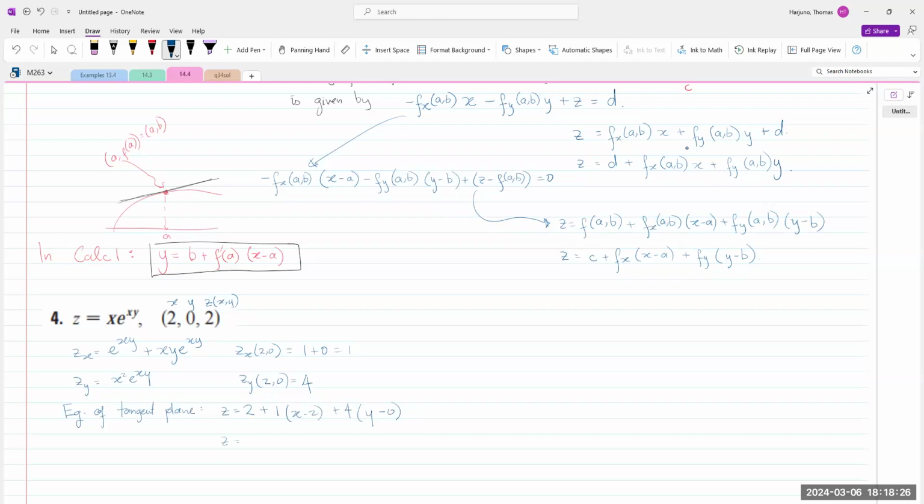So z equals 2 plus x minus 2 plus 4y. The z equals x plus 4y.